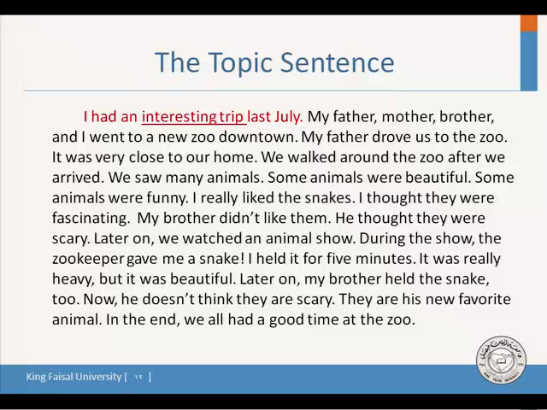I had an interesting trip last July. Then all the other sentences describe this interesting trip. Did he say I had a boring trip? No, it's an interesting trip. It was interesting. All the sentences support this idea.